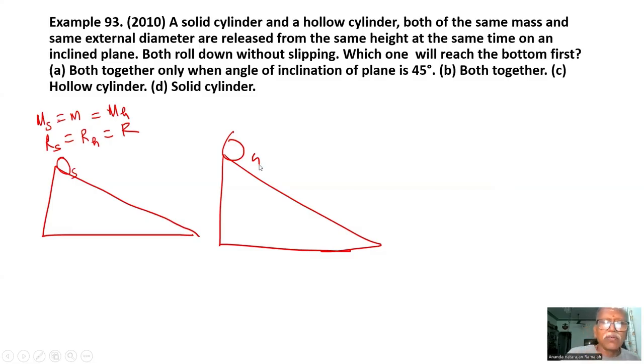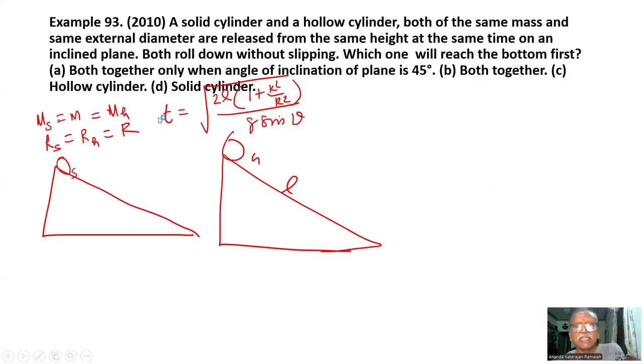I already told you that you can use this formula: T equals square root of 2L divided by, 1 plus K square divided by R square, whole divided by g sin theta. Here L is the length of the incline. Comparing the time, you will see which is less.